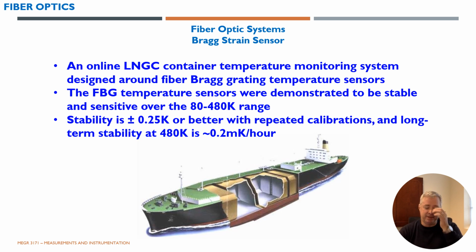Last thing you want is one of these ships blowing up in a port and destroying the whole town. And so these are incredibly sensitive temperature gauges in this particular application, where they're plus or minus a quarter of a degree over hours, just to make sure everything is running perfect.